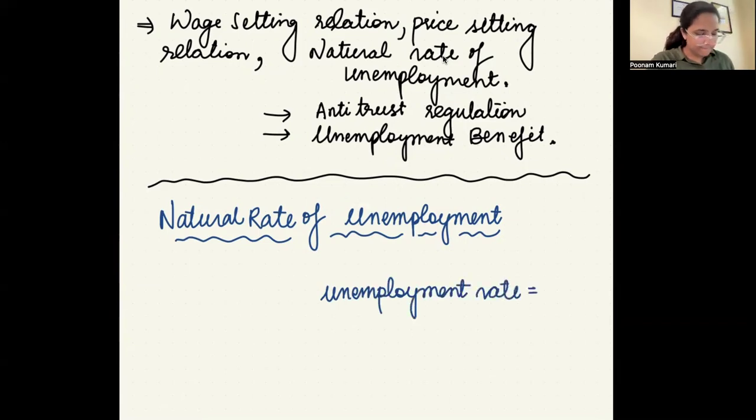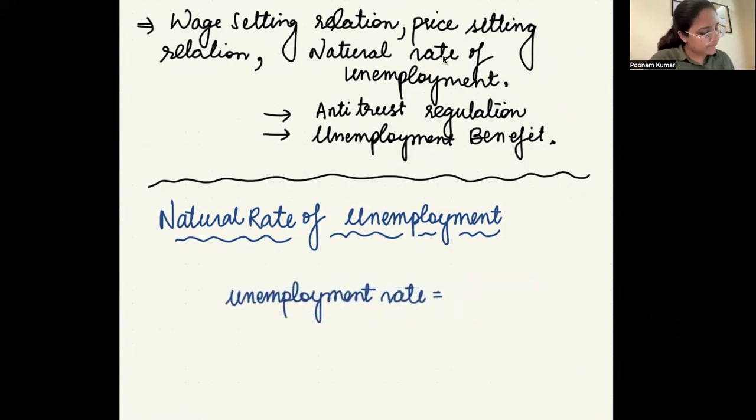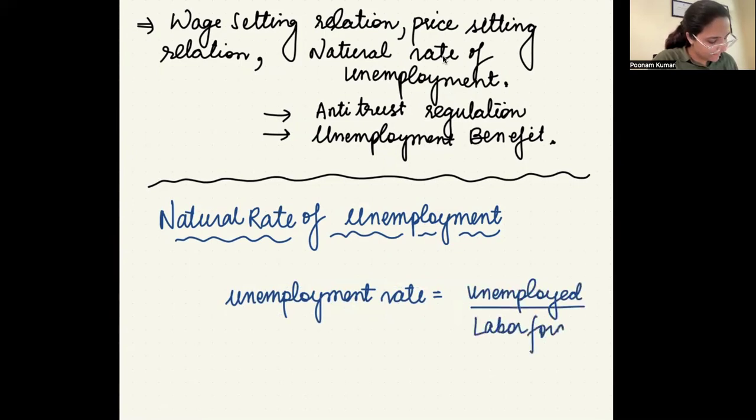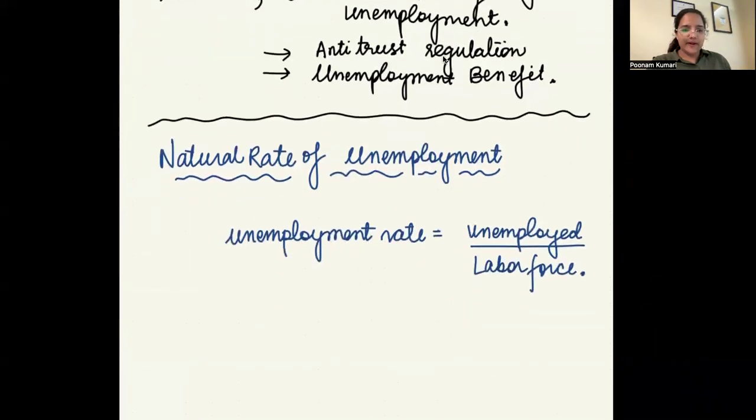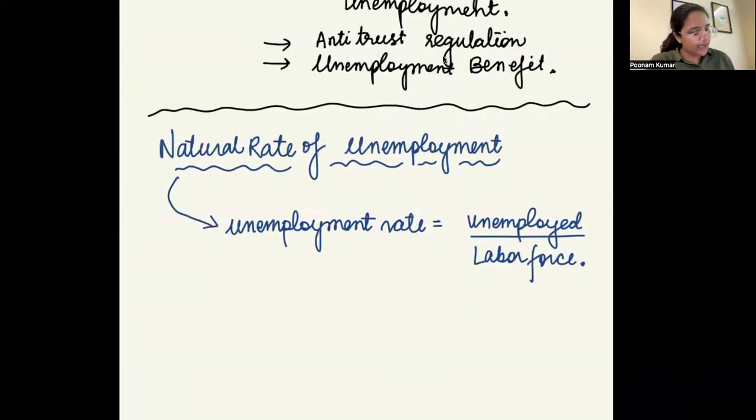It is the ratio of unemployed people to the labor force, so unemployed people divided by the total labor force. If there is a particular equilibrium rate of unemployment where the wage setting and price setting relations are in equilibrium, there will also be an associated natural rate of employment.